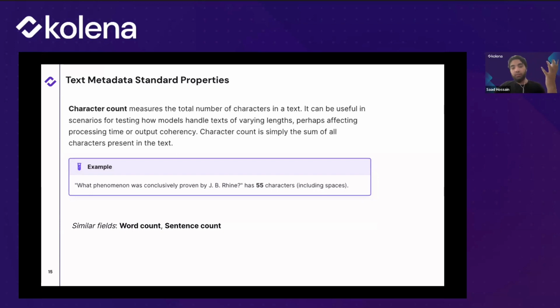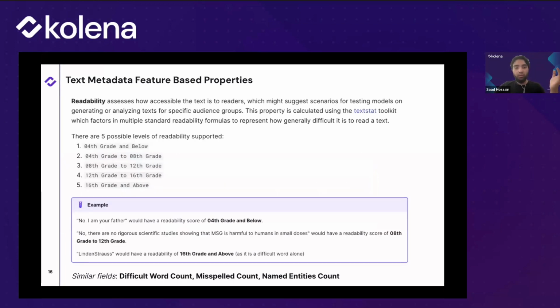Now, outside of these very standard properties, we also have more feature-based properties in NLP, right? Readability is something that has been studied quite a bit in terms of how readable a text is. There's a toolkit called TextStat, which does a lot of nice work on this and has implementations for various definitions of this readability metric.